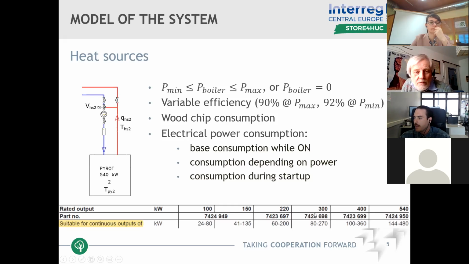So that's why we have there, what Mari said, 750 kilowatts maximal, because we never want to go into this area of the maximal power. This is only meant for a short burst of power when needed, but for a long lifetime of the boiler, we should stick with these smaller powers.